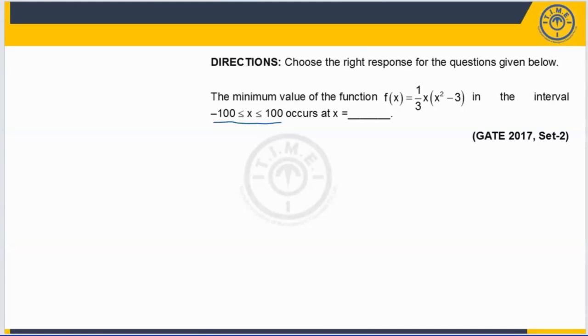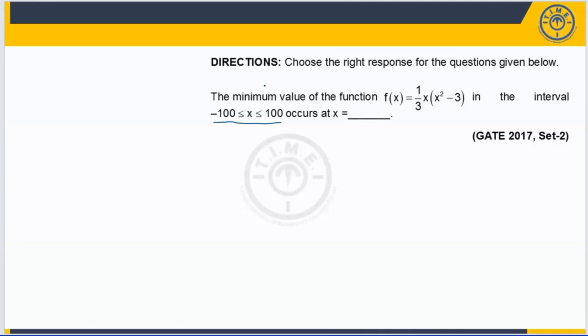And the function is given. First, find out the stationary point and then find out the value of the function at the endpoints as well as at the stationary point. So you'll be getting a required minimum value. But here, he's not asking the minimum value. Remember, read the question carefully.